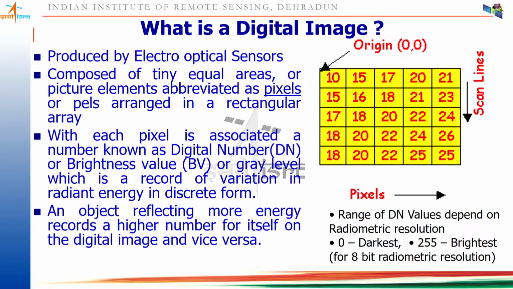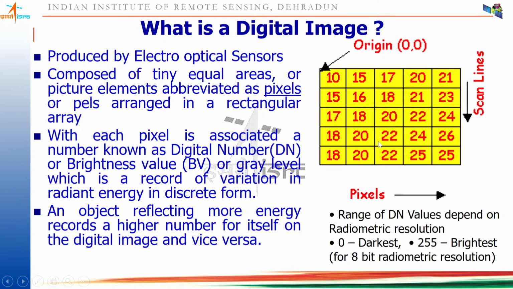Since we are talking about Earth observation optical data, here we will mainly concentrate on reflected energy. That means it is the record of reflected energy in discrete form. An object which generally reflects more energy will have a higher digital number, and an object reflecting less energy will have a smaller number.